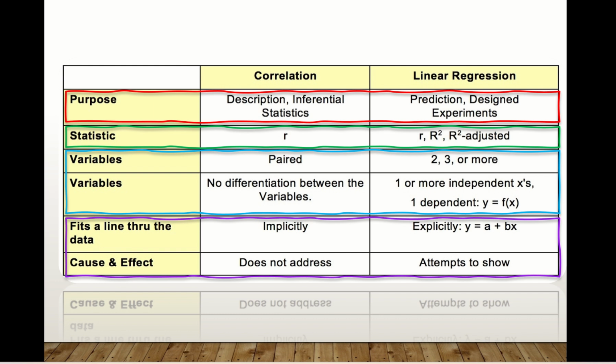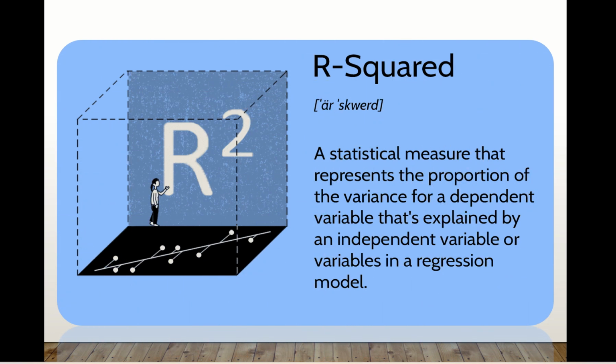And with linear regression, the relation is explicit mathematically, meaning that we can define the relationship between two variables mathematically and predict one from another. And correlation does not address cause and effect. Linear regression, you can attempt to show it, but still you can have a very good linear regression model and still not have one variable causing the other one.